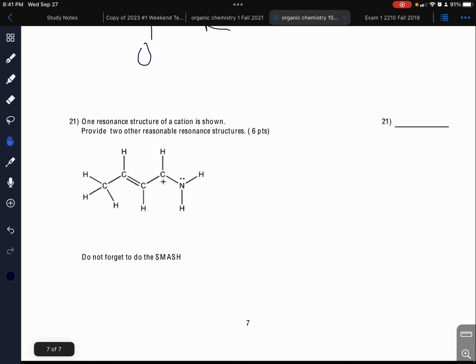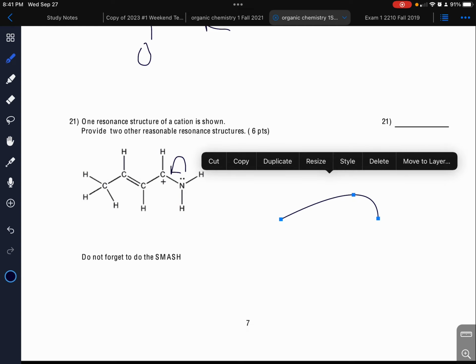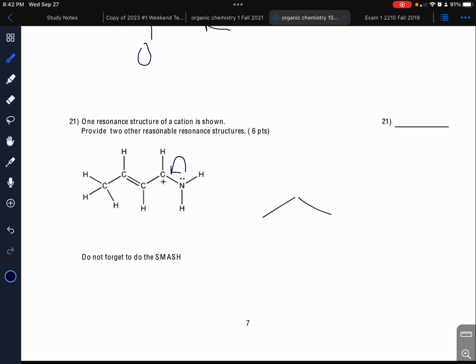So I go here, and that gives me N, H, and now there's a double bond here and a double bond here, and my plus is on the nitrogen.